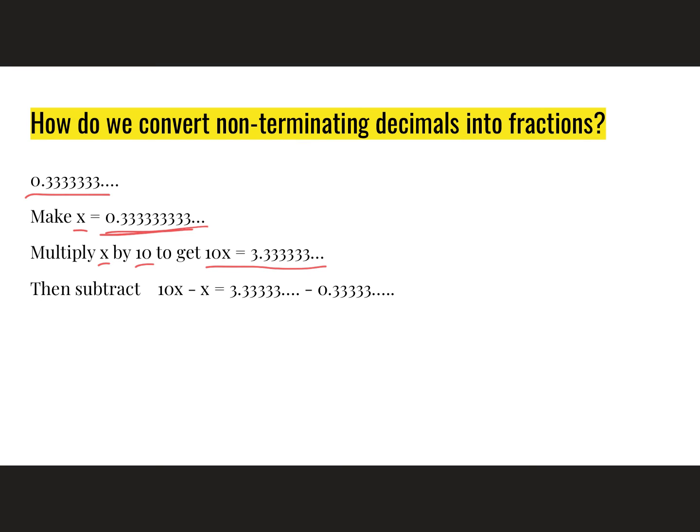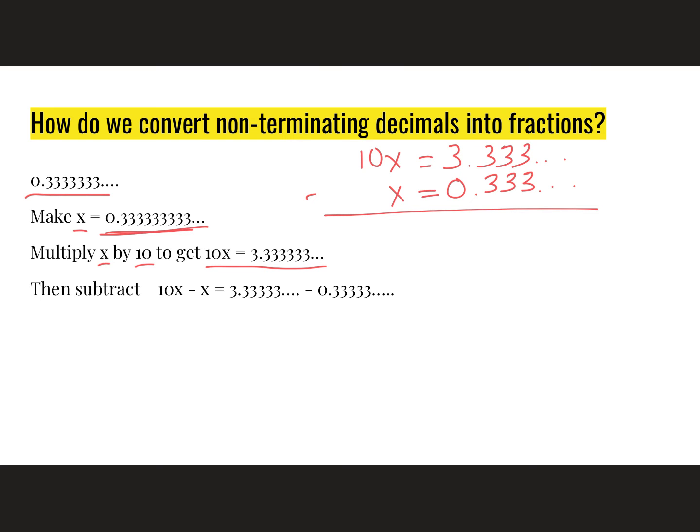I write it this way because it's a little easier to see. 10x equals 3.333..., x equals 0.333... I'm just going to subtract these two.